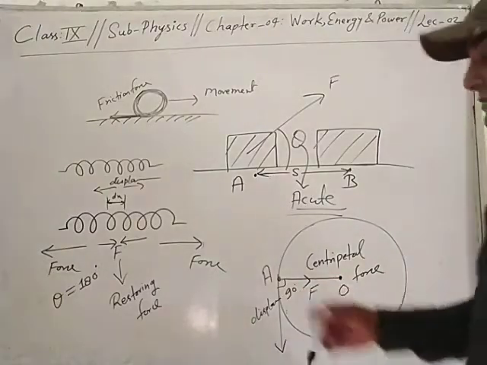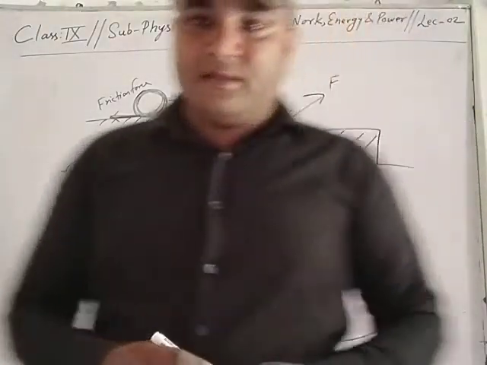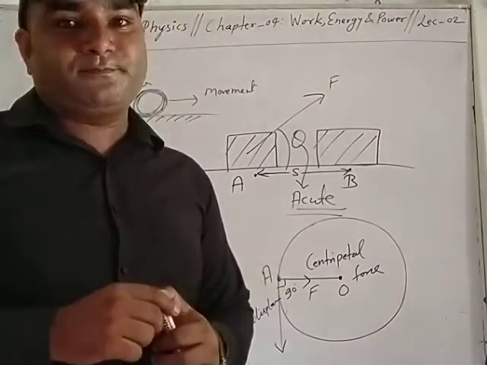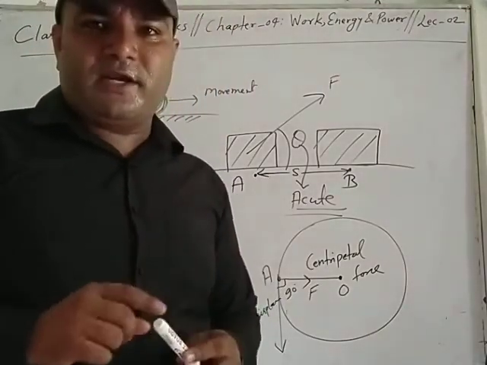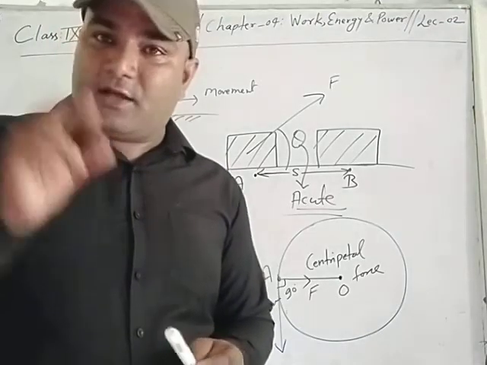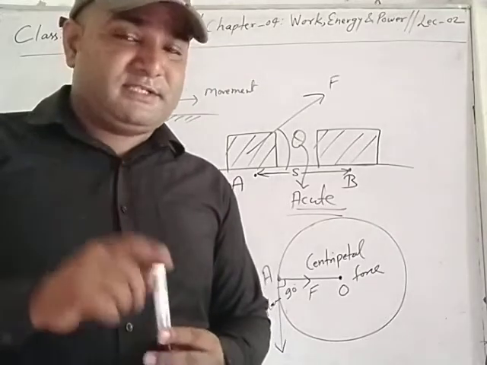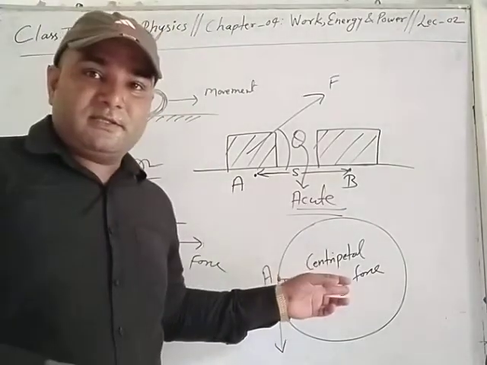The angle between force and displacement is 90 degrees, and the value of cos 90 is 0. I am going to write the value of cos for all angles, which is important for solving numericals. But just listen, in which case is the work done 0?